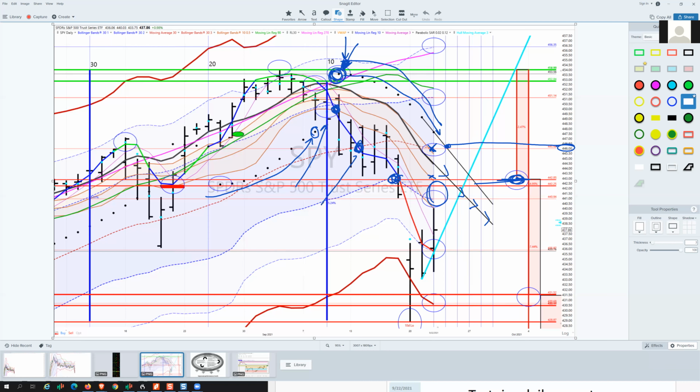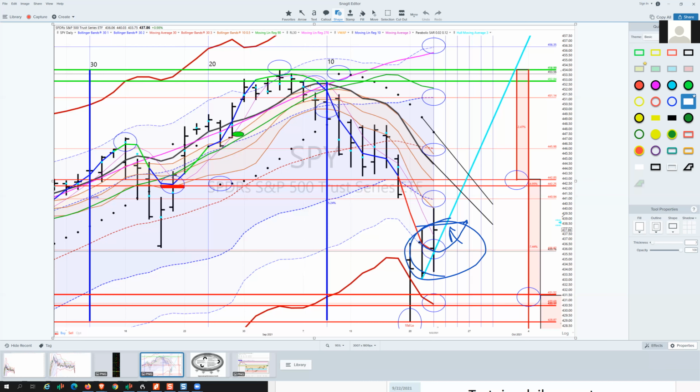But now the Hull 3 period has moved, and the 1, 2, 3, and now it feels, and then the slowing of the RL10 and the potential reversal, that's all giving us hints that this is a potential change of direction.